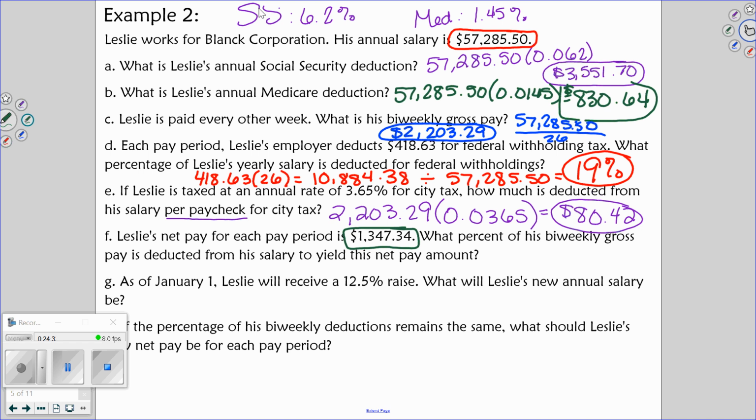So how much is he losing every week from his paycheck? Subtract them. This is how much he's grossing. This is how much he's bringing home. So let's subtract those. 2,203.29, subtracting his actual net. So we can try to figure out how much he is actually losing every paycheck.